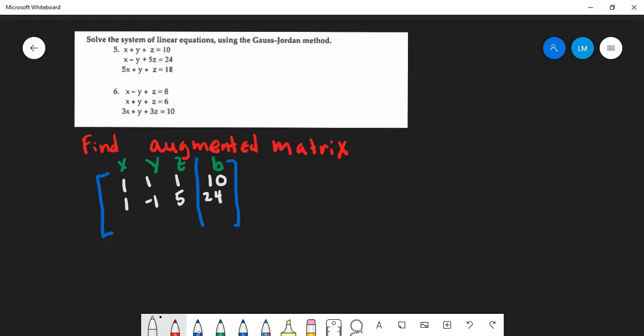Okay, we got one more row. So that's going to be 5, 1, 1, and then 18.